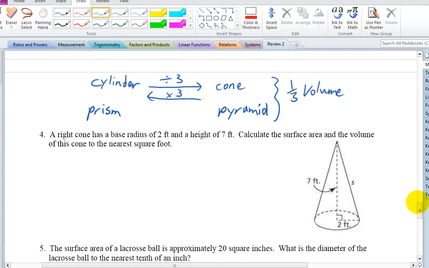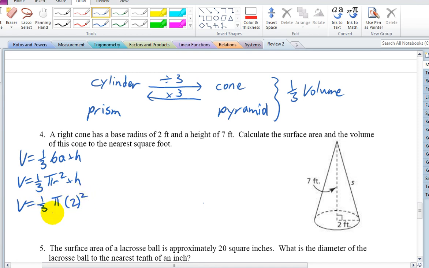So let's find the volume first. Volume equals 1/3 base area times the height. The base is a circle, which is pi r squared, times the height. 1/3 pi times the radius, which is 2 squared, times the height of 7.